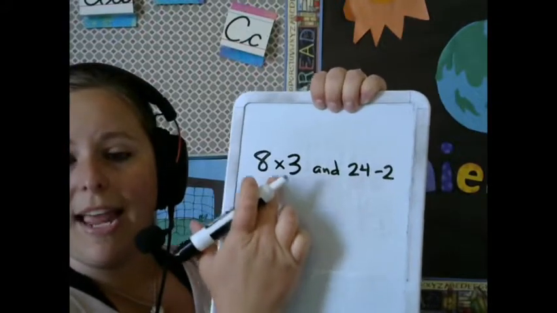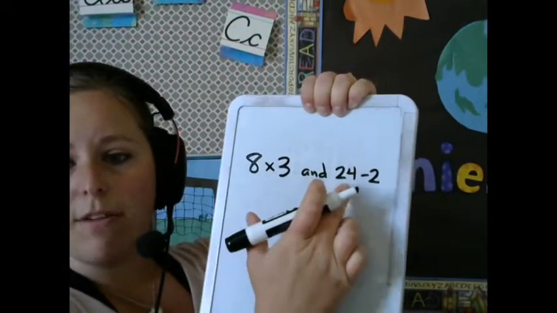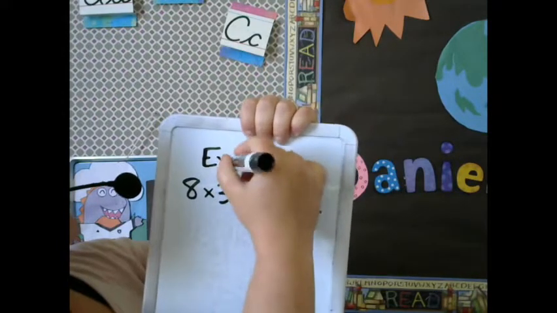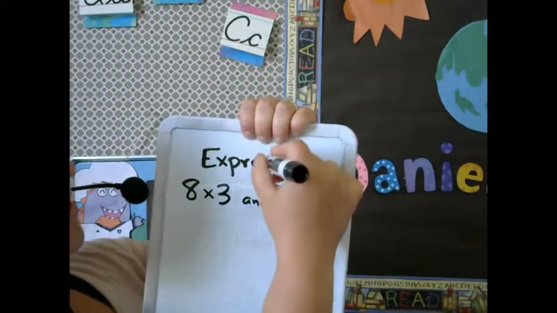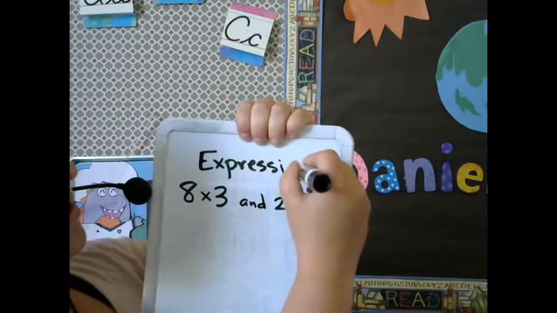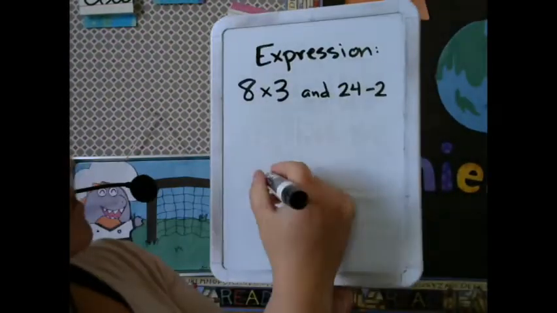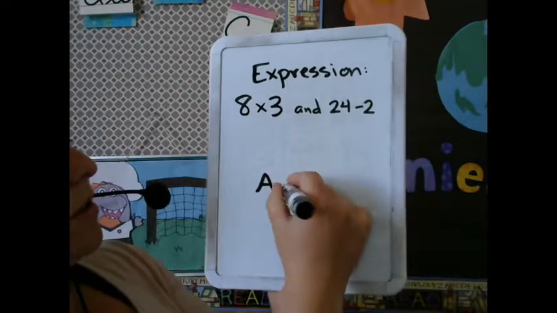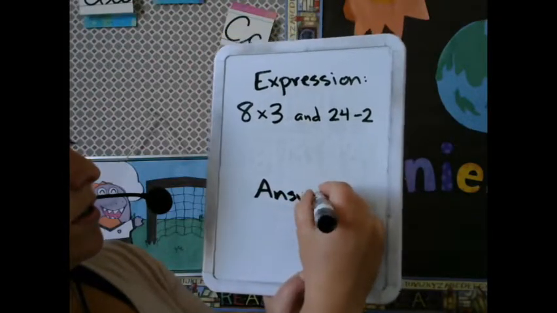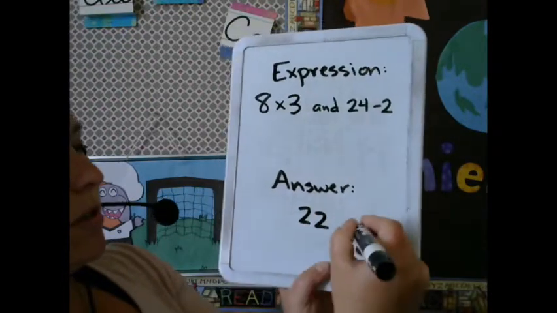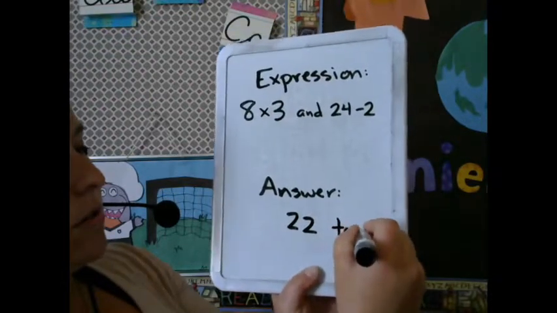So you're going to write that 8 times 3 and 24 minus 2. So for number 1, by where it says expression, this is what you're going to write. Okay? And then our answer is 22 tennis balls.